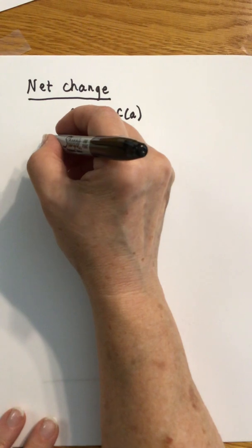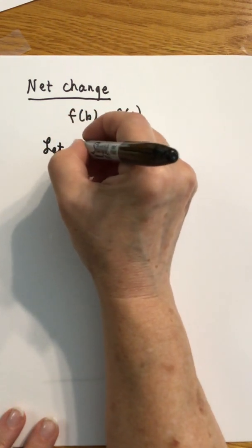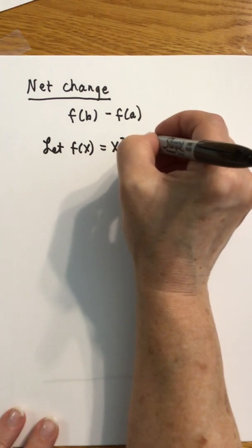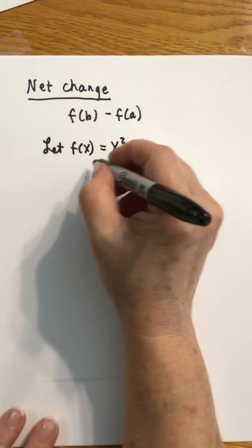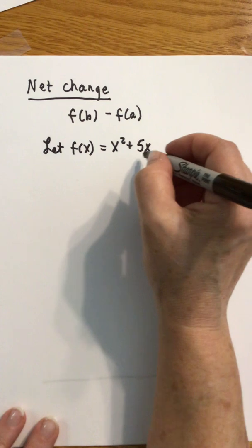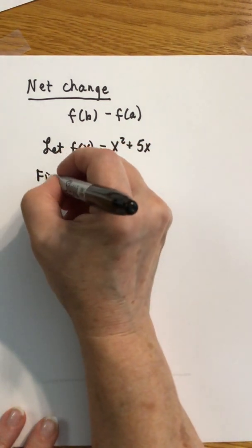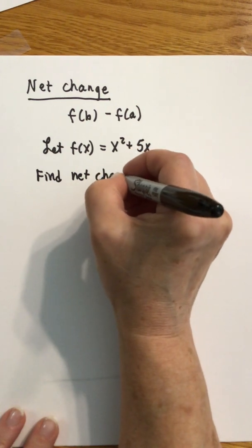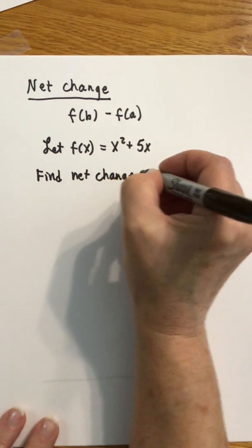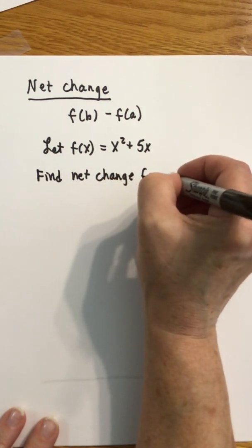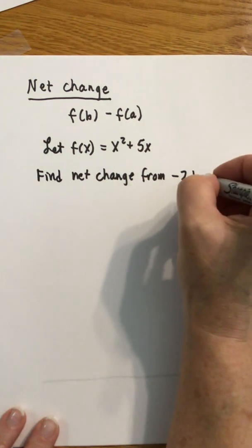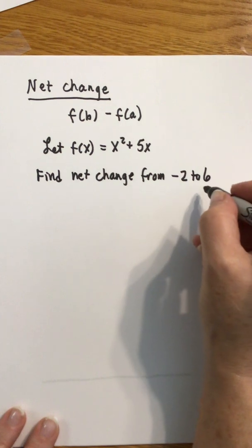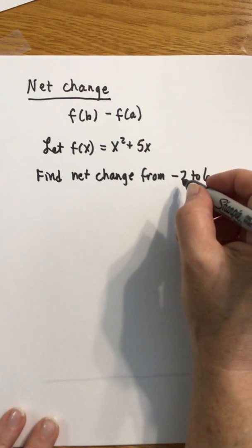So if I let f of x equal x squared plus 5x. Okay, that's my function, that's my action that I'm taking. The question says find net change from -2 to +6. So we're going to find out what those things are plugged in first.